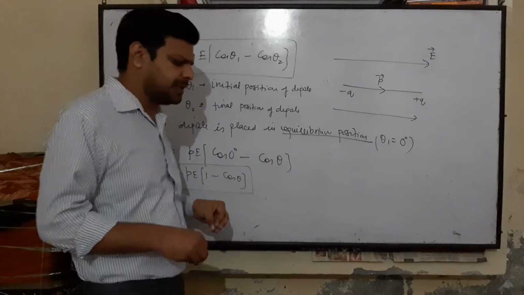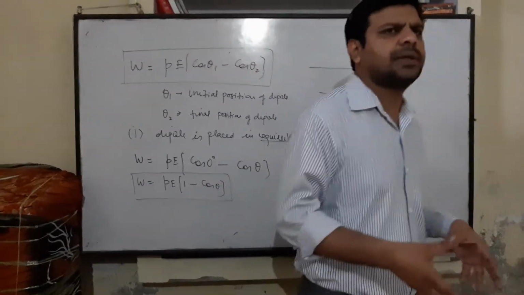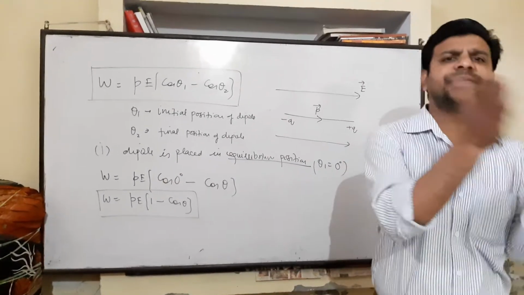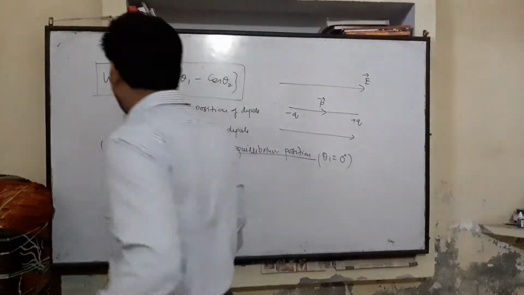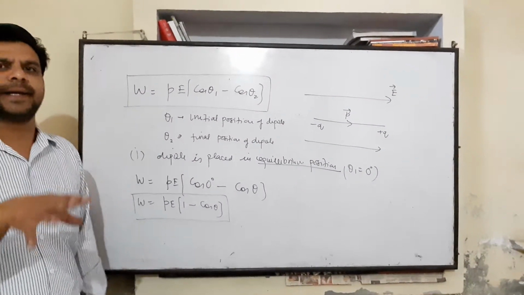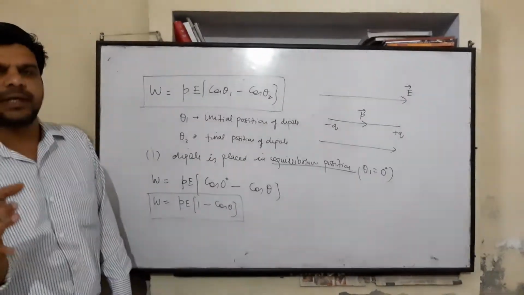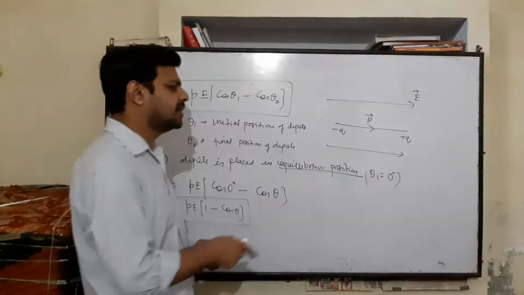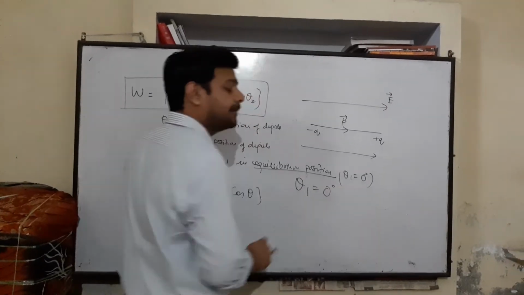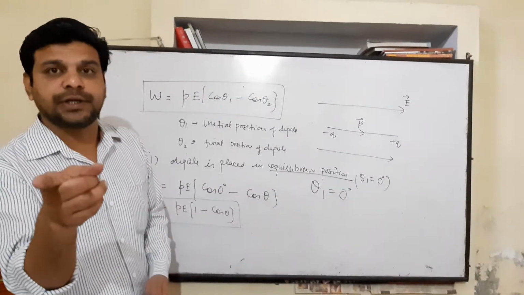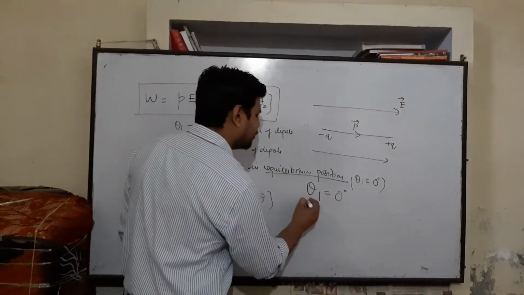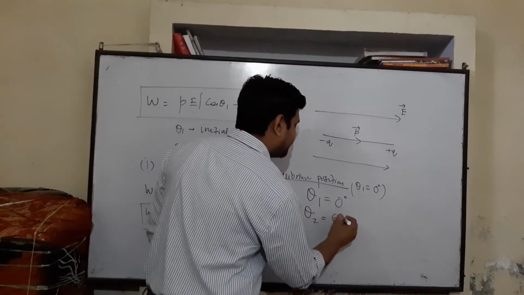If the statement in any question is like this: a dipole is rotated through 60 degrees from its equilibrium position, then it means the initial position of the dipole is 0 degrees and it is rotated through a 60-degree angle from its equilibrium position, so the final position will be 60.